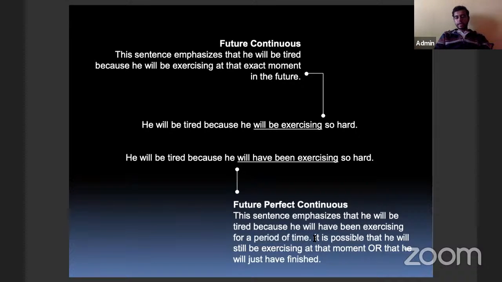So it is possible that he will continue exercising at that time in the future when you are discussing this, or that he will just have finished, but he will be tired. So this covers both of these situations, when he is continuing to exercise and when he is already finished with his exercises, but he is tired. So he will be tired because he will have been exercising so hard.